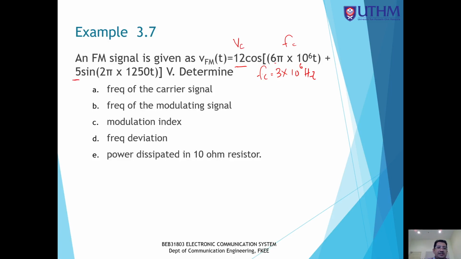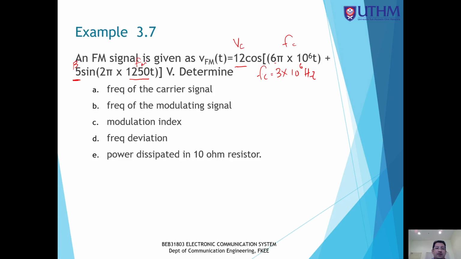Plus 5 sine. So what is this actually? As we have learned previously, this is referring to the beta parameter, the modulation index. Beta equal to 5. And sine of 2 pi multiplied with 1250. So this is the modulating signal frequency, the input signal frequency, which is 1250 hertz.